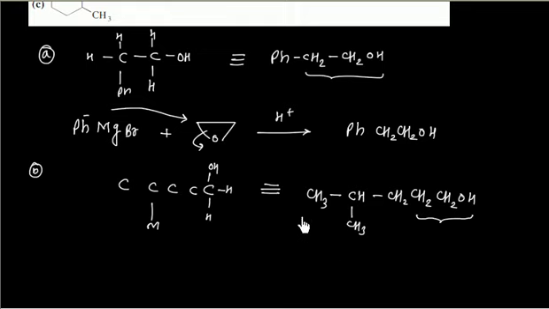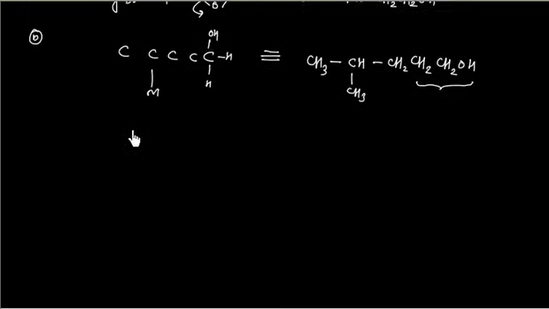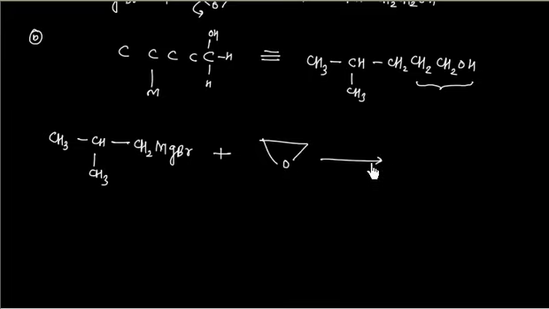So we have to consider the Grignard reagent of this part. So if I take the Grignard reagent (CH3)2CHCH2MgBr, and if this is treated with ethylene oxide, further acidification, this will give the desired product. So we will have (CH3)2CHCH2, now we will increase 2 carbons, that is these 2 carbons will be added, so we will have CH2CH2OH.